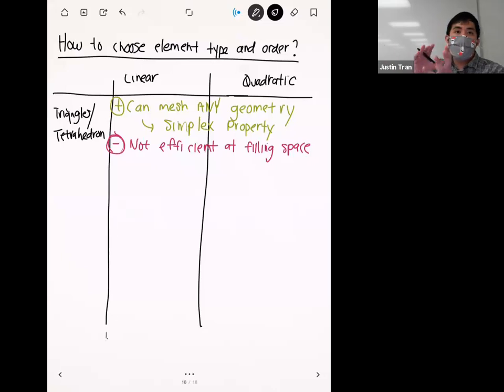They don't need to contort themselves all too much to fill space, so they're less likely to skew. But that doesn't mean they can't skew, and they still do. Compared to the quadrilaterals and the hexes, though, I'd say those are more likely to skew.